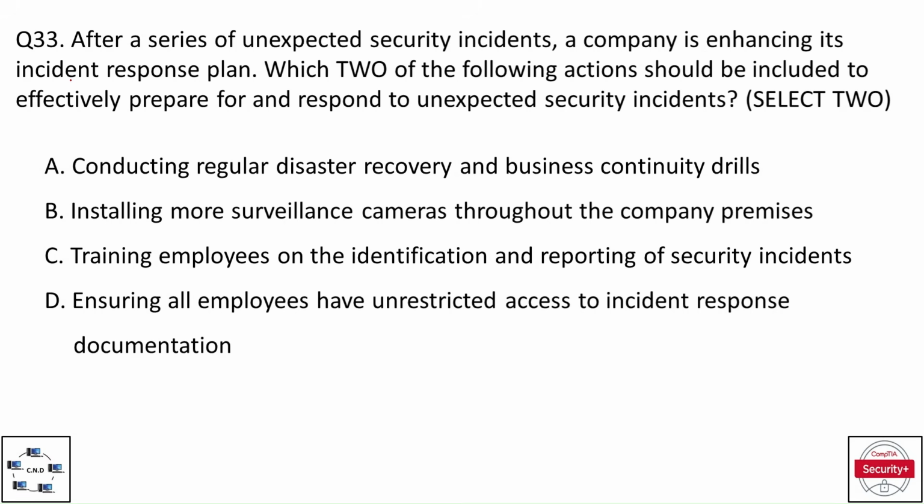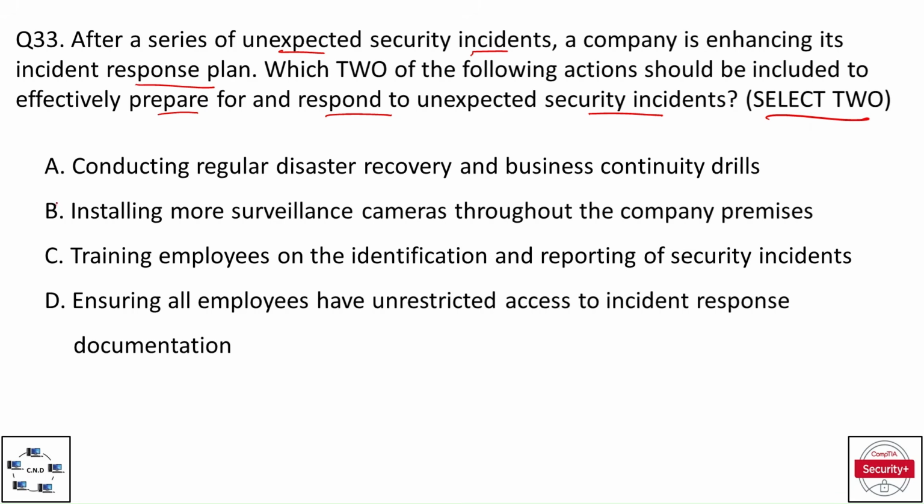Question number 33. After a series of unexpected security incidents, a company is enhancing its incident response plan. Which two of the following actions should be included to effectively prepare for and respond to unexpected security incidents?